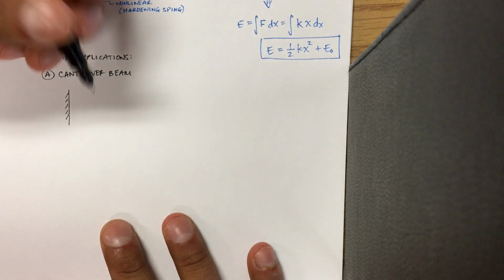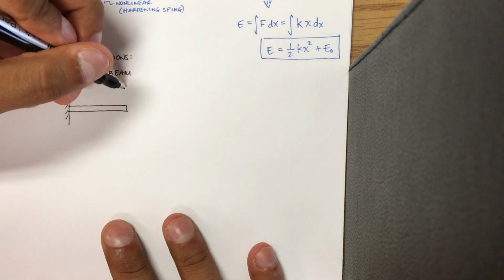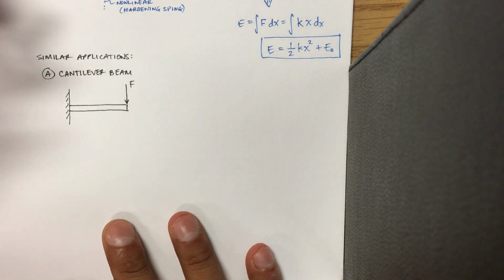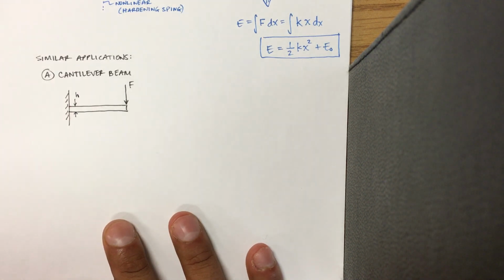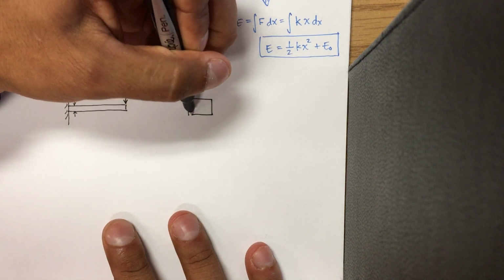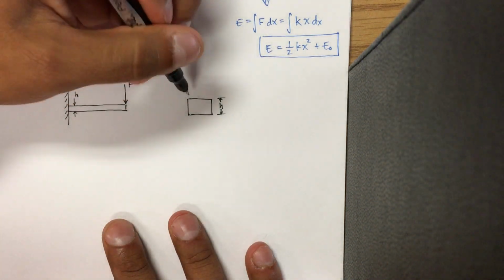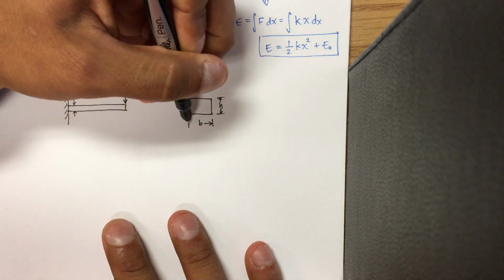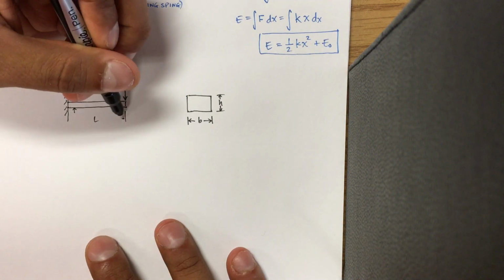So if we have this cantilevered beam initially here, and we apply a force right at the tip, some force F, let's assume that this has some initial height h, which we can also characterize in its cross-section. If we take a look at its cross-section over here off to the side, this is height h. And in this view, we can also say it has some width b, and initial length L.